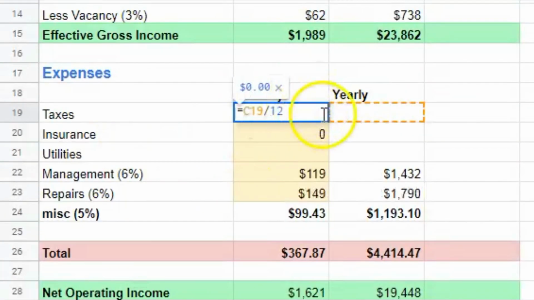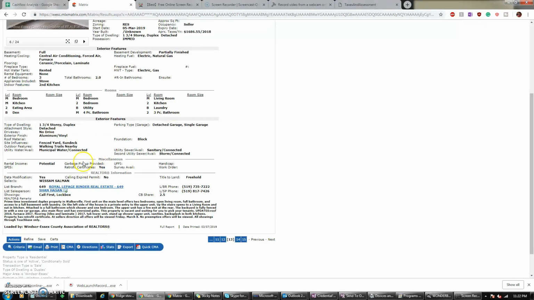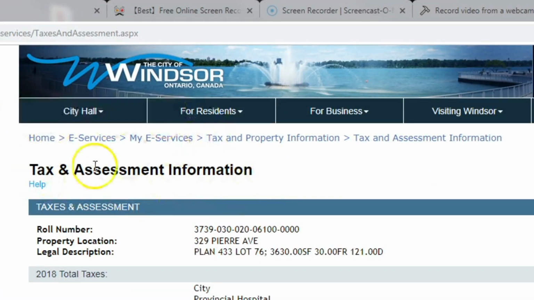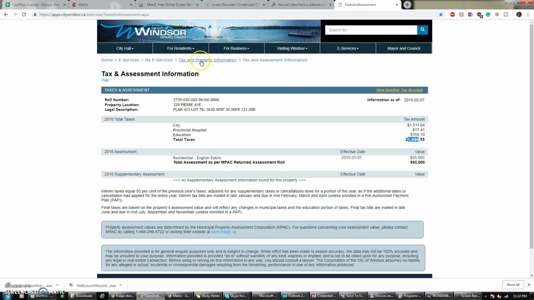Basically, either you should see on MLS. If you don't, sometimes it's good to verify on the city website. So I have the website open. If you're looking at Windsor, Ontario, we have a website where you can find the property tax information in my e-services property tax information, and then enter your address.